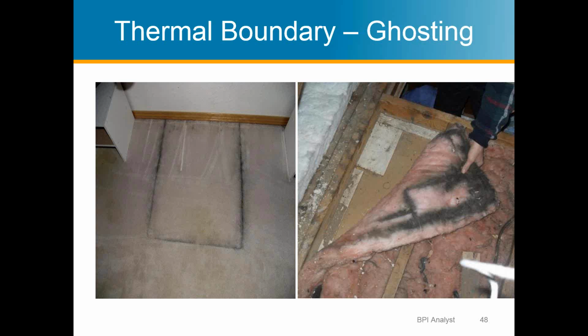It just shows that there's been air leaking through that wall probably for many, many years. And it's a true sign that your insulation is not doing as well as it could if you did air sealing. So just air seal that rectangle there. You could put it back down.